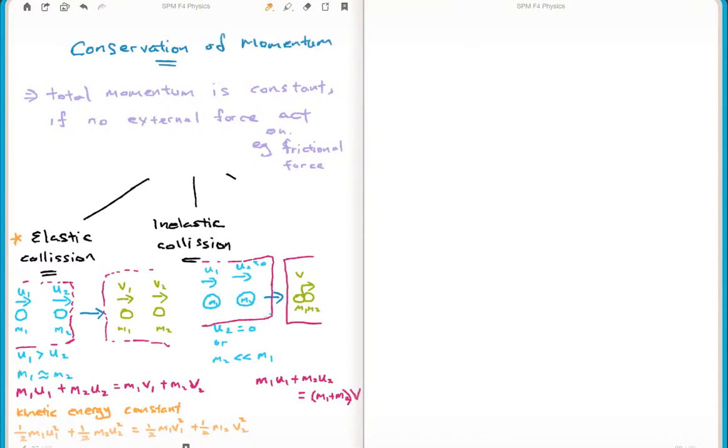Now, what happens in an inelastic collision? Let's say two cars collide with each other. The metal and the metal will smash together, you have frictional force between the metals, and sometimes a fire comes out.